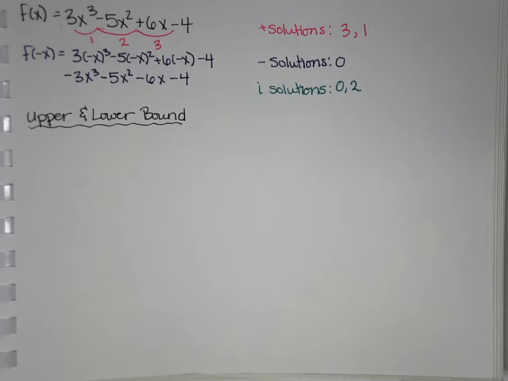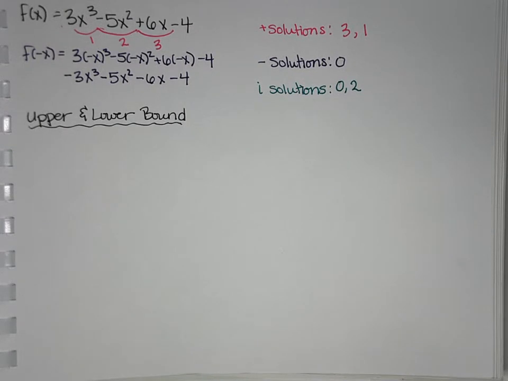Same thing with lower. If you notice a certain pattern with your answers, which I'll go over in a second, that means you just found a lower bound, meaning there's nothing lower than this number, so you've narrowed it down from an upper and lower perspective.